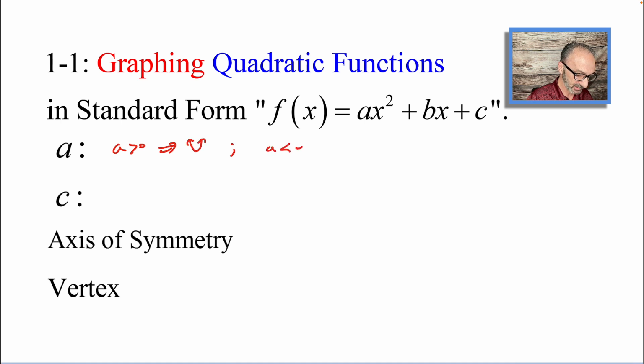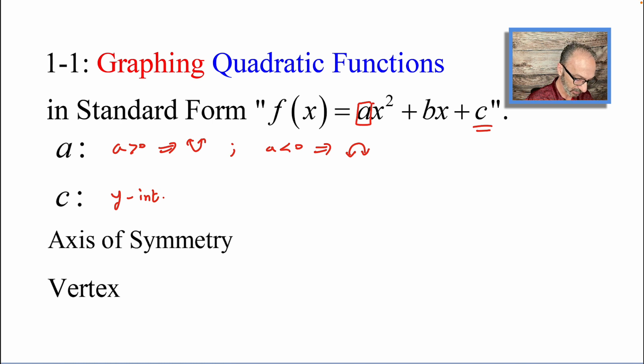If a is negative, the graph will open down. C is going to be the y-intercept, and those are the main parts that will help us in the standard form to distinguish from other forms coming, the vertex form and the factored form. So C is the y-intercept, and A tells me if the graph opens up or down.